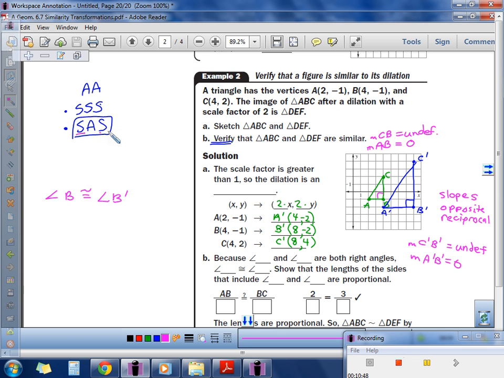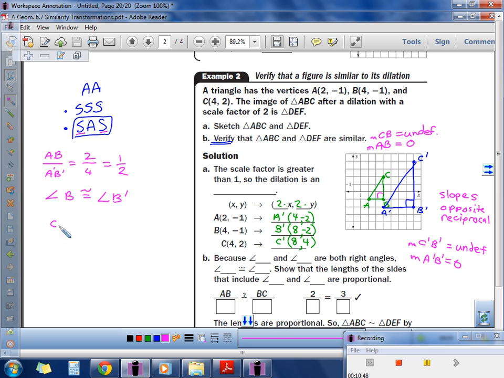But now I got to prove those sides. And that's pretty easy. These are along the grid. So AB is how long? AB is 2. And A prime, B prime is 4. 2/4 is 1/2. So we got to make sure this other one's 1/2.